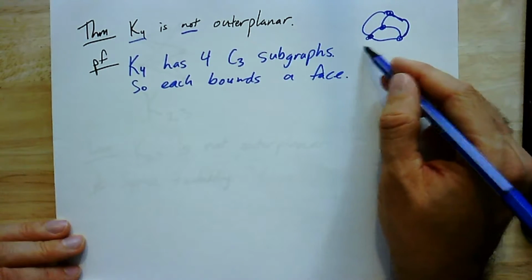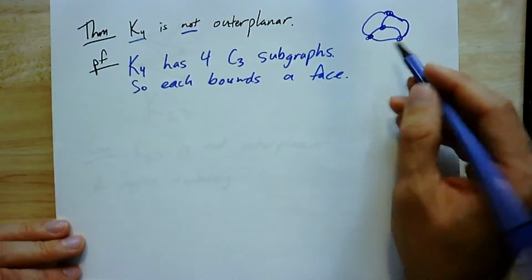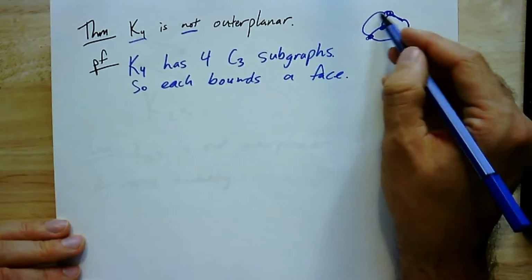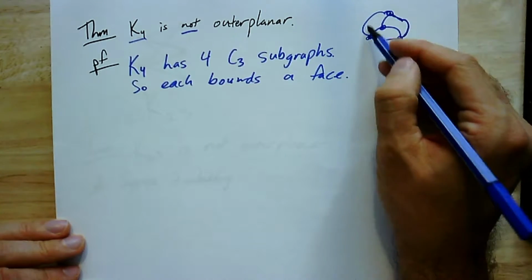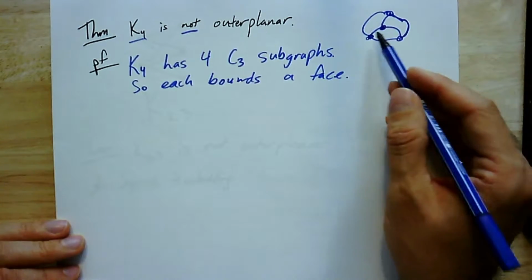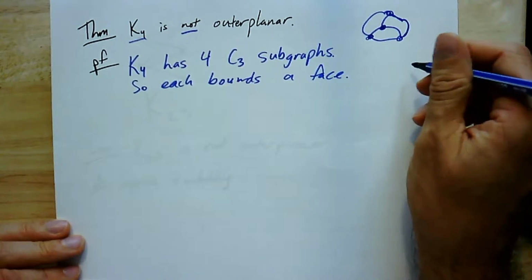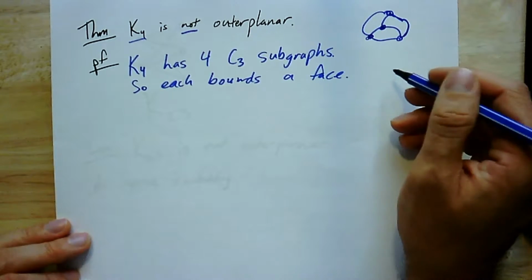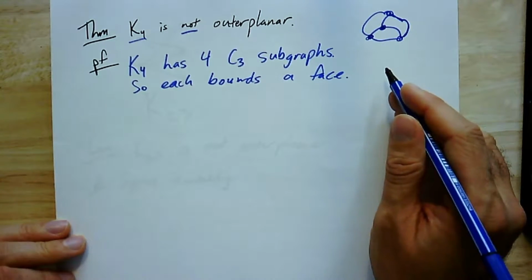So finding one example really doesn't do it, but it can give us some intuition. And you'll notice that as I was drawing this, I started with this one outer face here, and I put the last vertex on the inside. If I put it on the outside, I encourage you to play this game and see if you can try to put all the vertices on the outside, and you'll always get stuck.